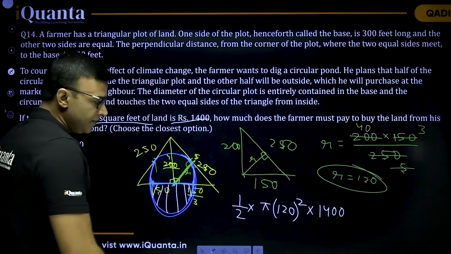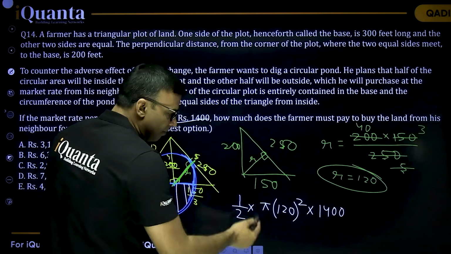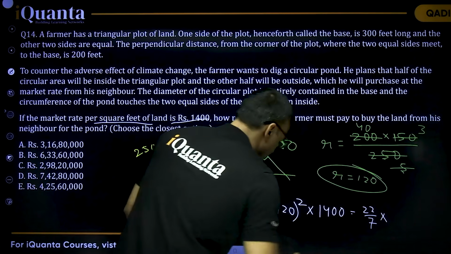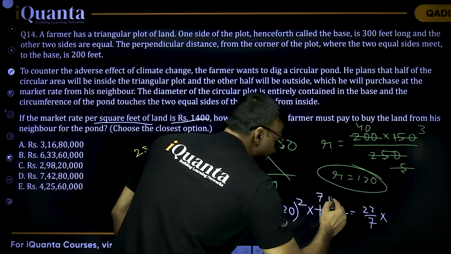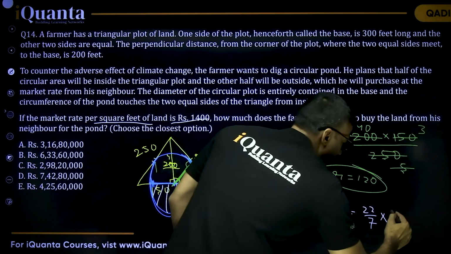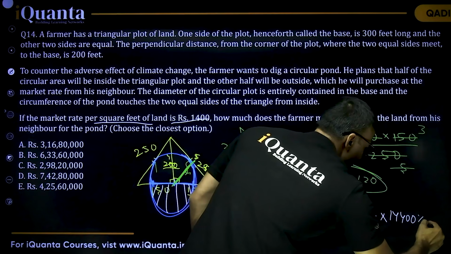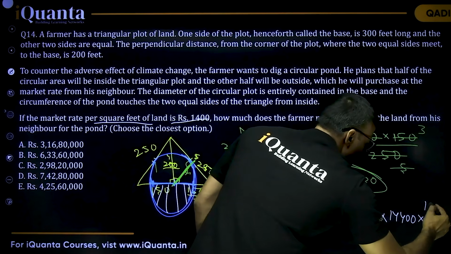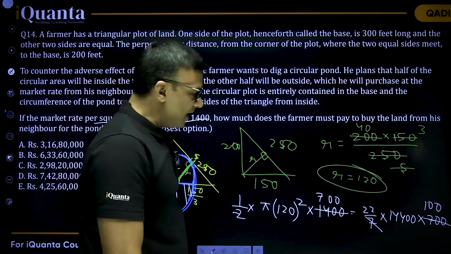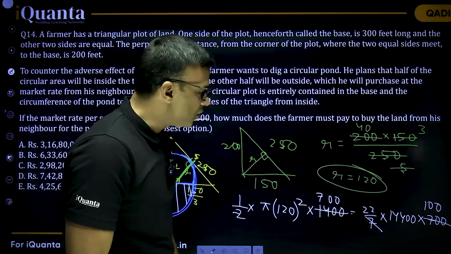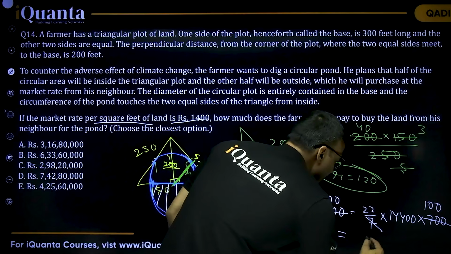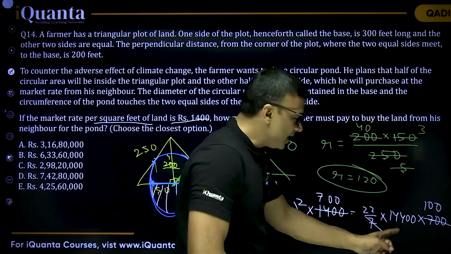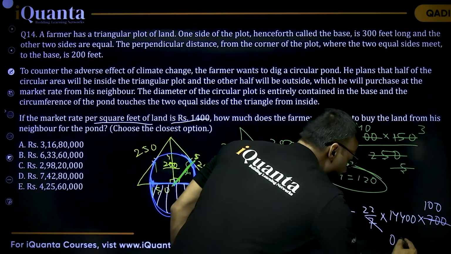Simplify very carefully. This 2 cancels 1400, 700. Pi is 22 by 7. So I'll write 22 by 7 into 700 times 120 square, which is 14400. So 7 into 700, this cancels, 100 times. Now multiply this 22 and 144 very carefully. 22 is 2 into 11, so 2 into 144 is 288, and there will be 4 zeros.